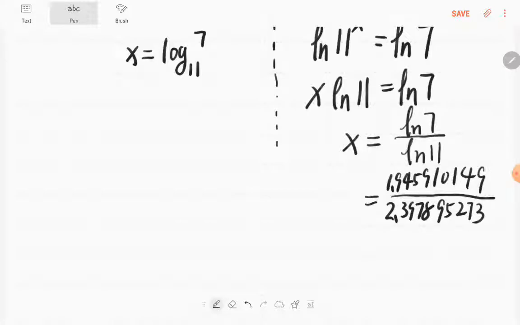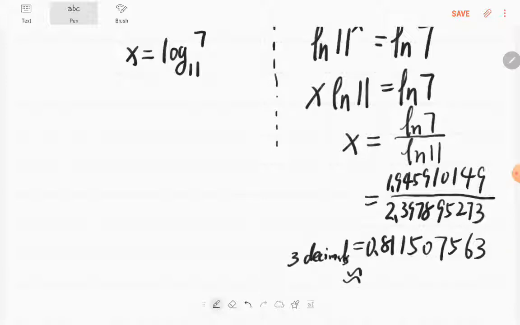If you do the calculation, you will get 0.81150753. If the problem asks you to keep 3 decimals, then you will have 0.812, okay?